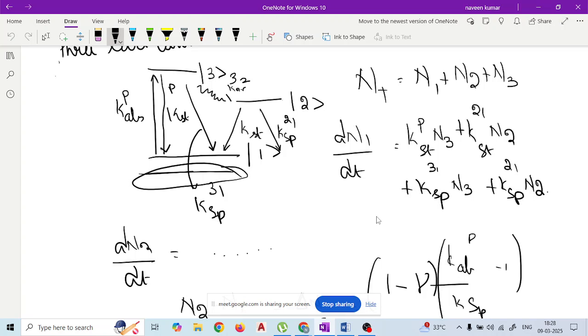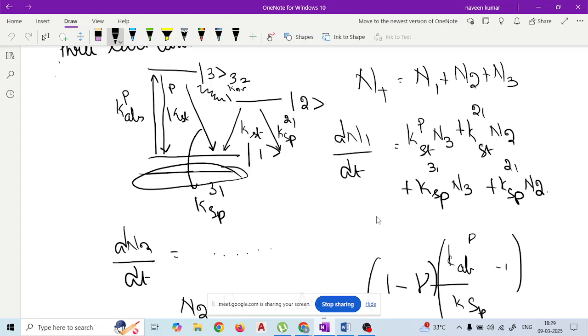So we can write K_P stimulated, and right now I'm trying to explain this formula. K_P stimulated N3, plus K_ST stimulated with a subscript N2.